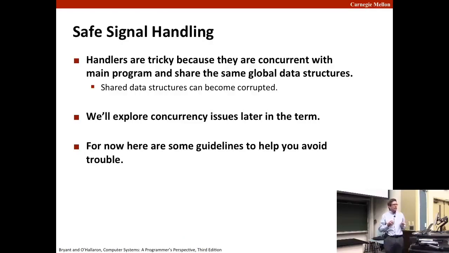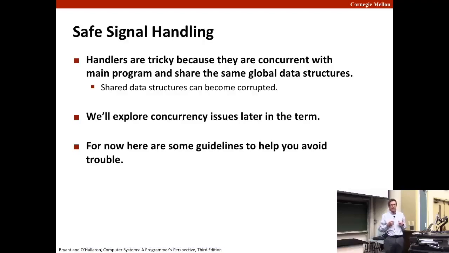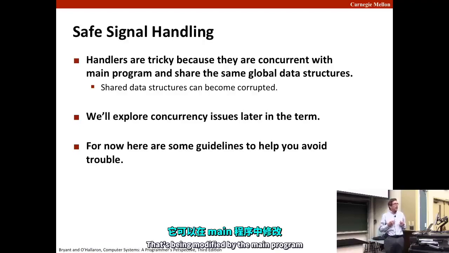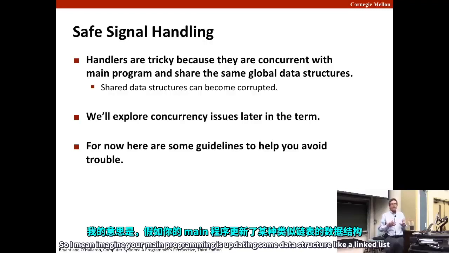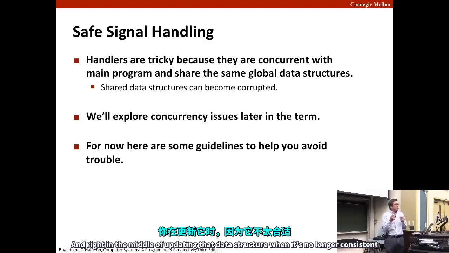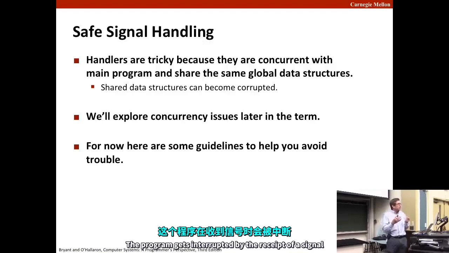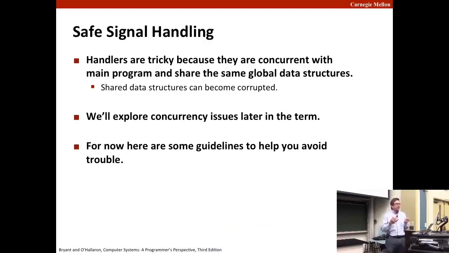Or you can write signal handlers that'll corrupt a global data structure that's being modified by the main program. Imagine your main program is updating some data structure like a linked list, and right in the middle of updating that data structure, when it's no longer consistent, the program gets interrupted by the receipt of a signal.